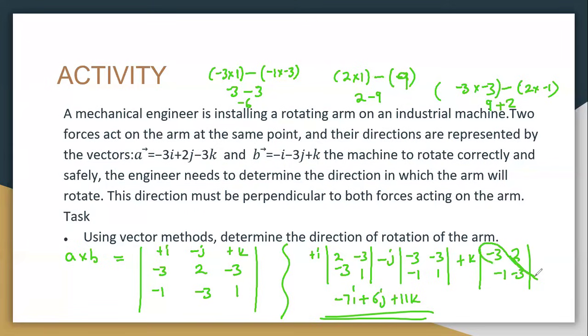Yes, sir. I multiplied -3 times -3 which is 9, and -1 times 2. So -3 times 3 is 9. Oh, plus 2. Yes. Thank you, sir.